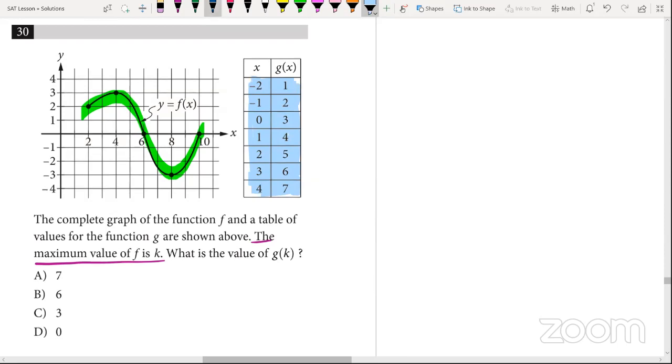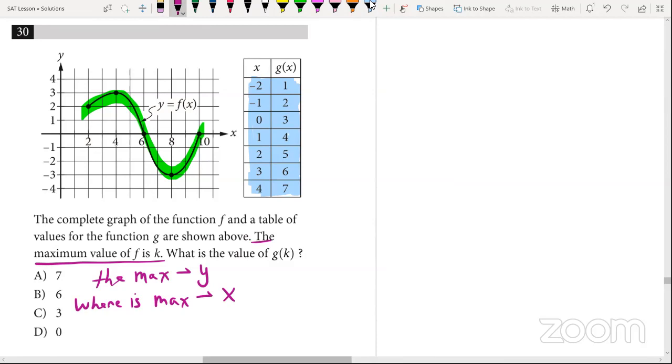But more importantly, if I want the actual maximum or minimum of a function, that's our y value. But if I'm being asked where is the max or the min, where can I find it? That's more of a reference to the x. So, little subtle wordings there as far as what we're looking for. But they're not asking where to find the maximum value of f, the green function.